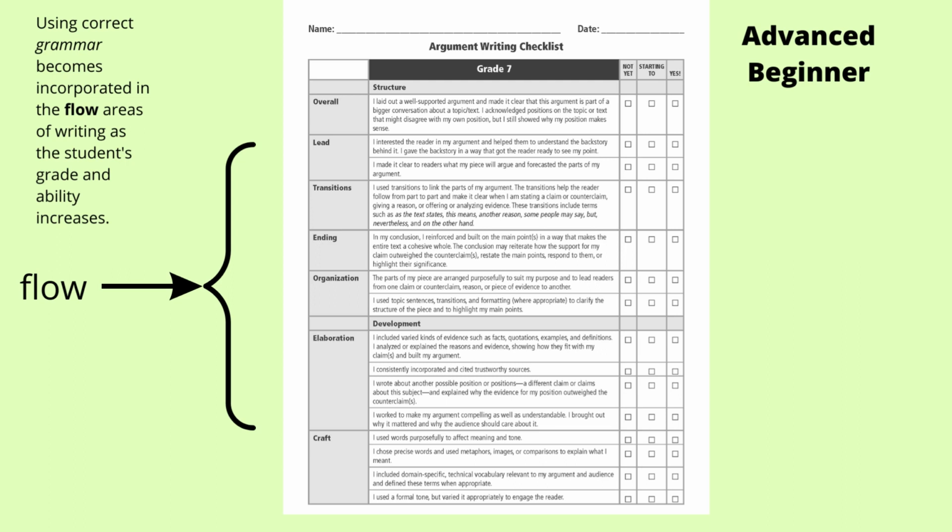In this slide, you'll see what this checklist is, what I call an advanced beginner. The assignment is for the student to write an argumentative essay. The key areas of writing are similar to the previous checklist. However, this is a nonfiction assignment and requires analytical thinking.